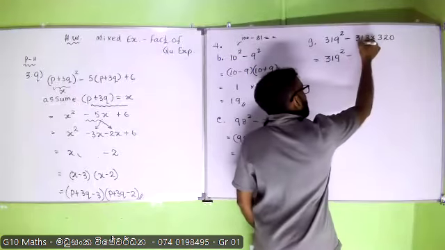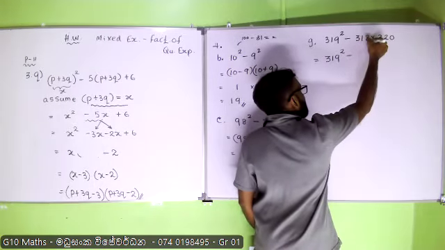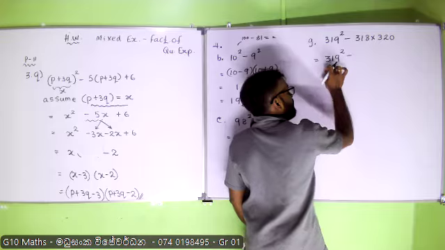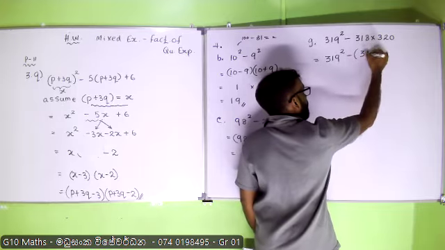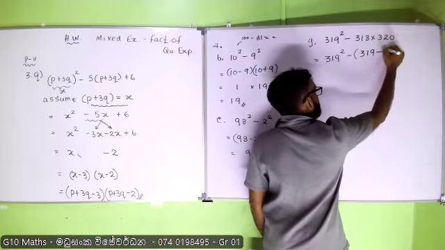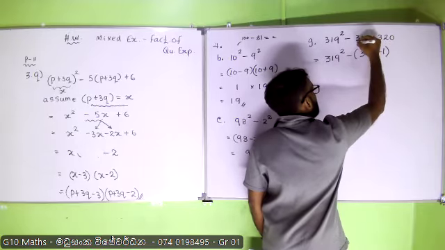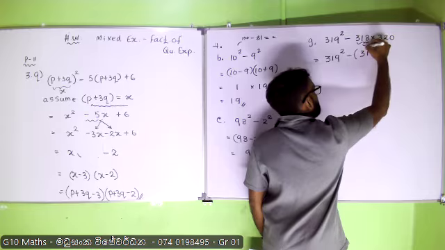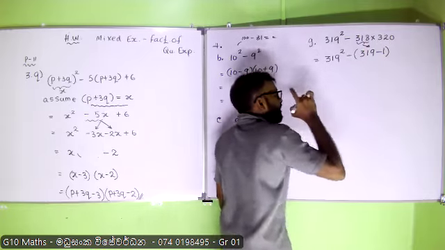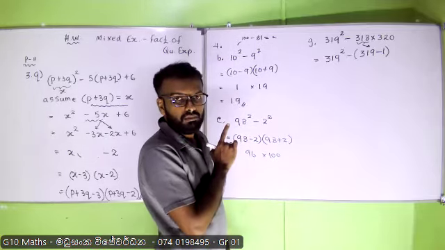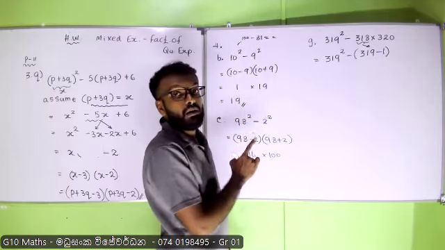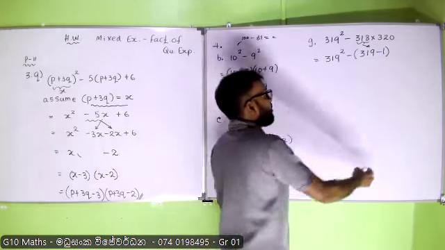So I am going to express this 318 by using 319, right? So I am going to use the bracket. 319 minus 1 means this. I can use the same thing to represent 320. 319 plus 1.